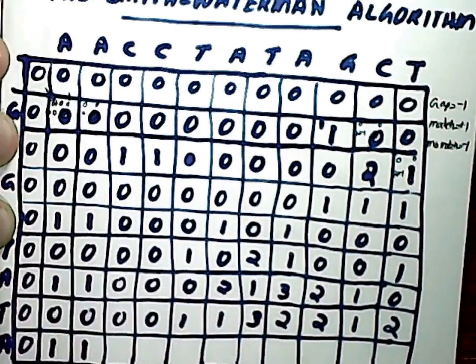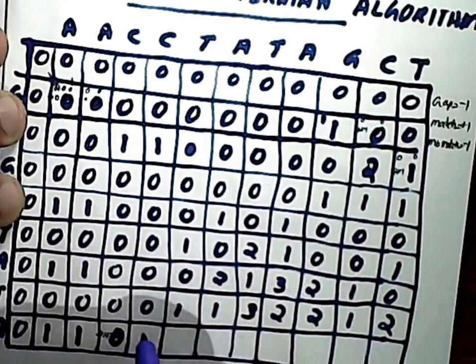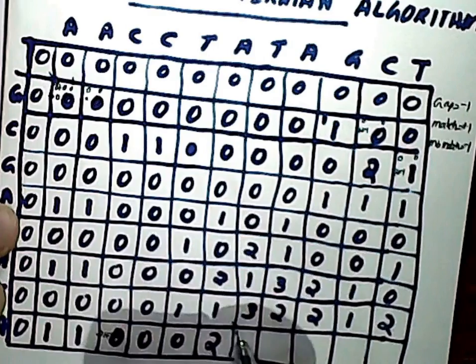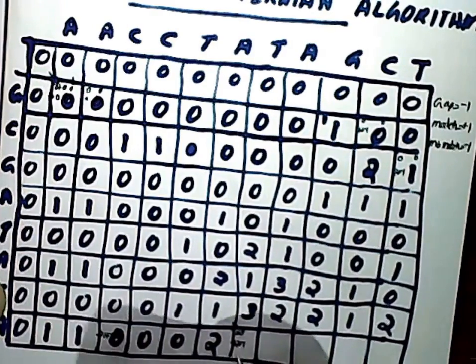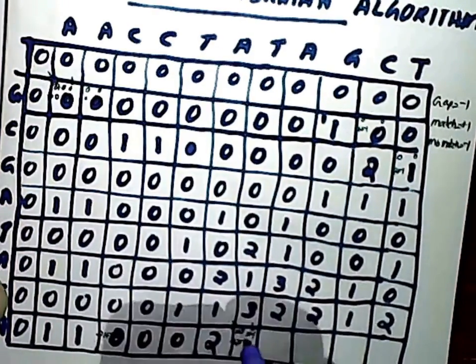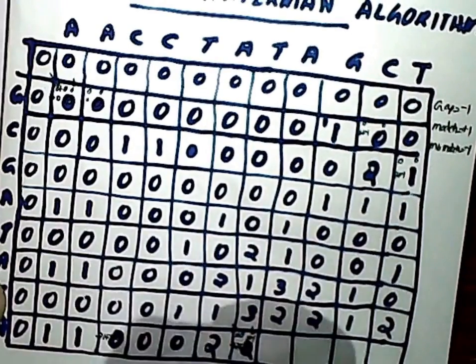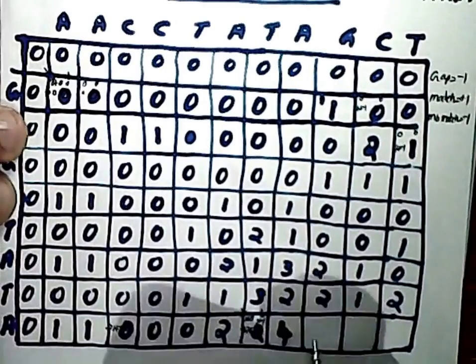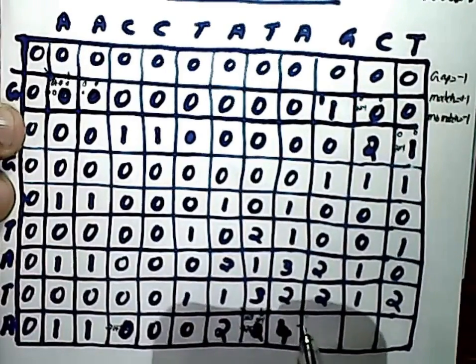Thus we fill all the values in the cells. We place a 0 in any position in the table if all the methods result in scores lower than 0. All other computations are similar to the Needleman-Wunsch algorithm method.